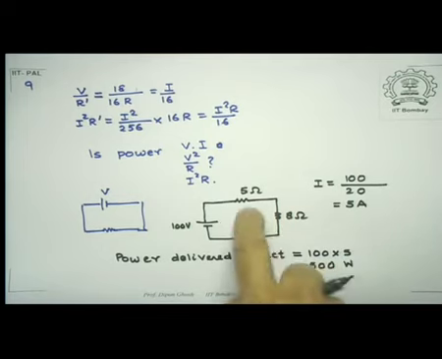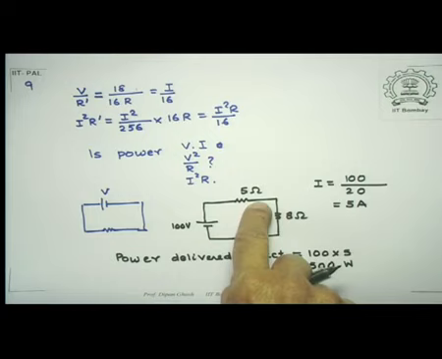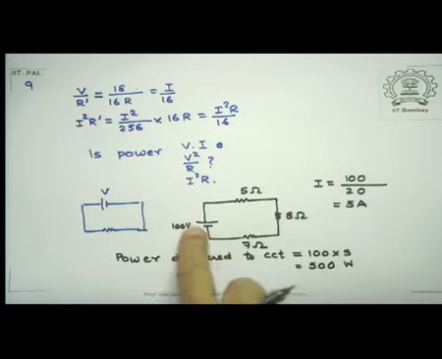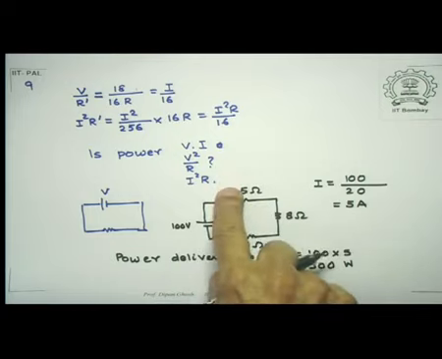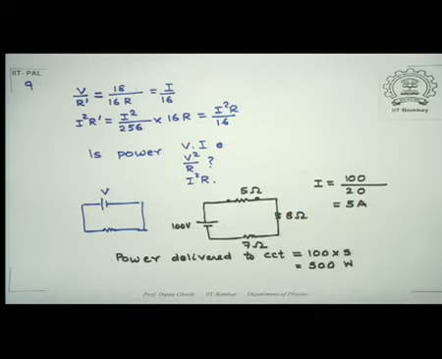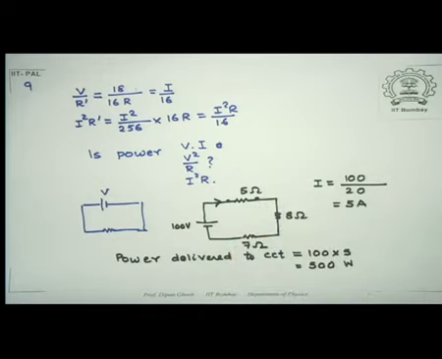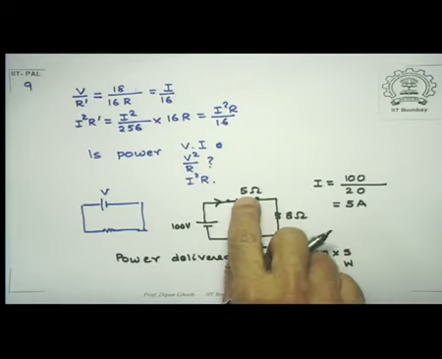But let's look at what happens here. Here it is I square R. The reason is, if you want to use the other formula, you must then find out the potential drop across this resistor, not this 100. But since the current is the same in the entire circuit, you can do I square R. So how much is I square R for this?